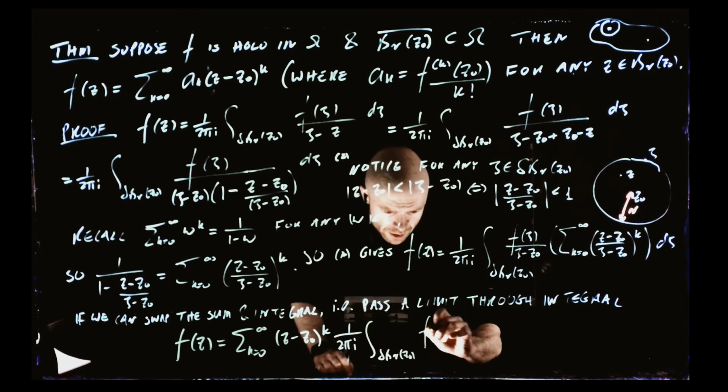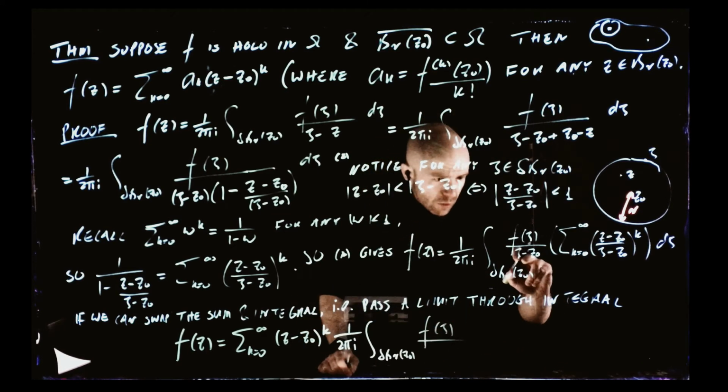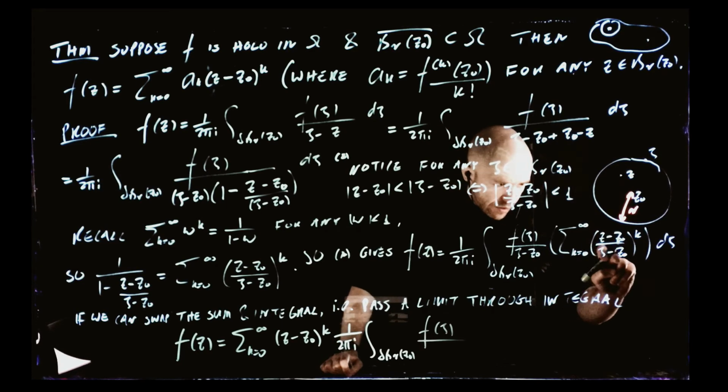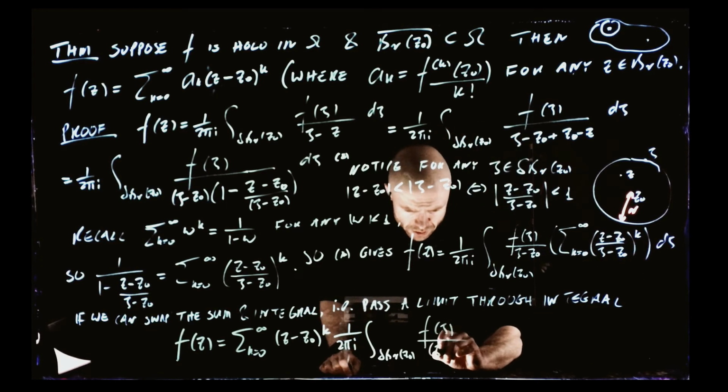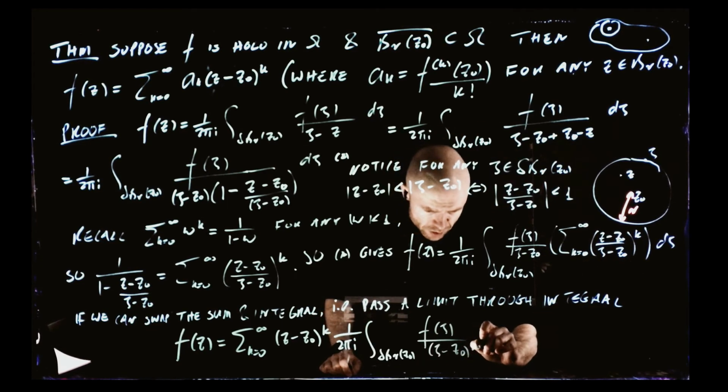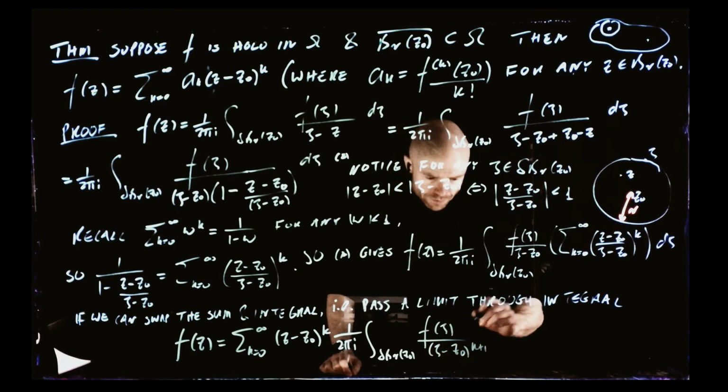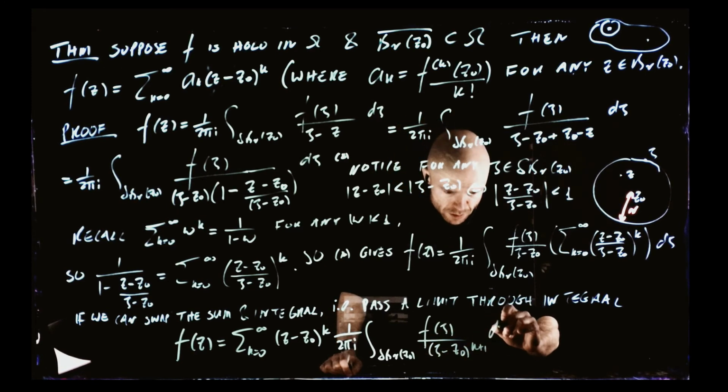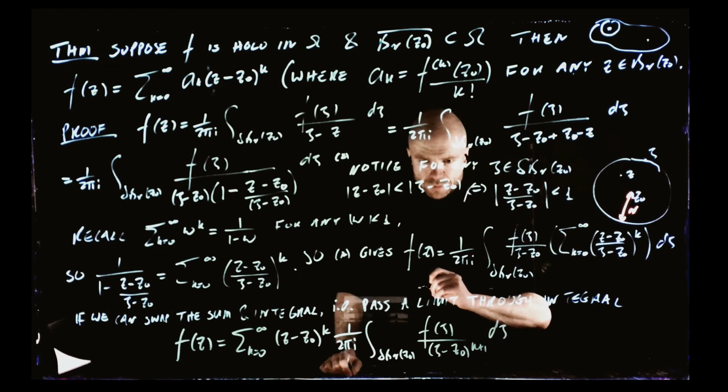It would be f of zeta over zeta minus z0 to the k plus 1, d zeta.